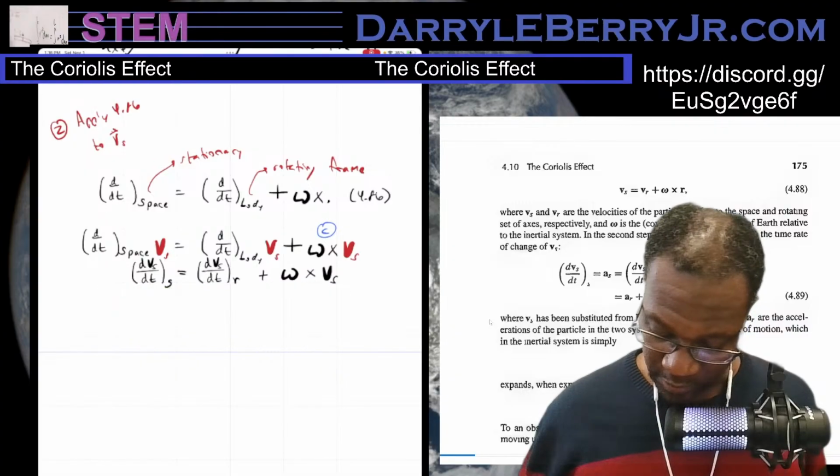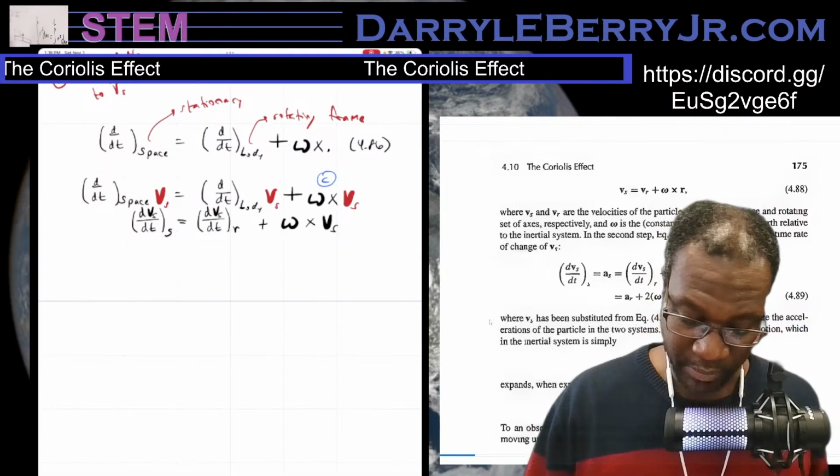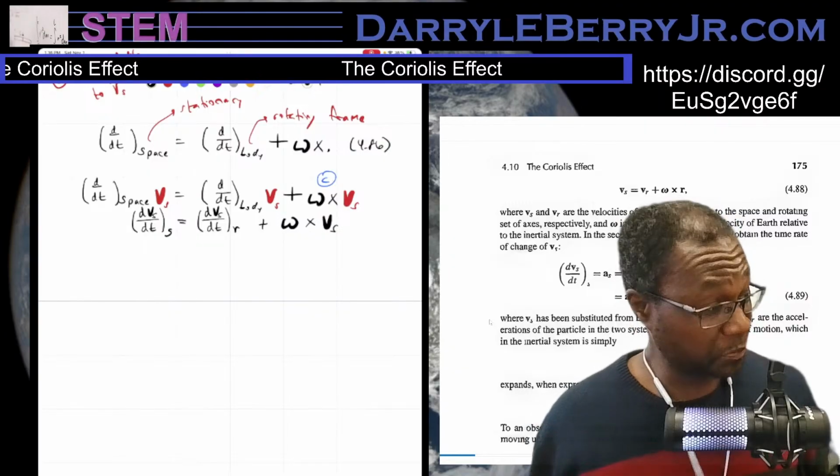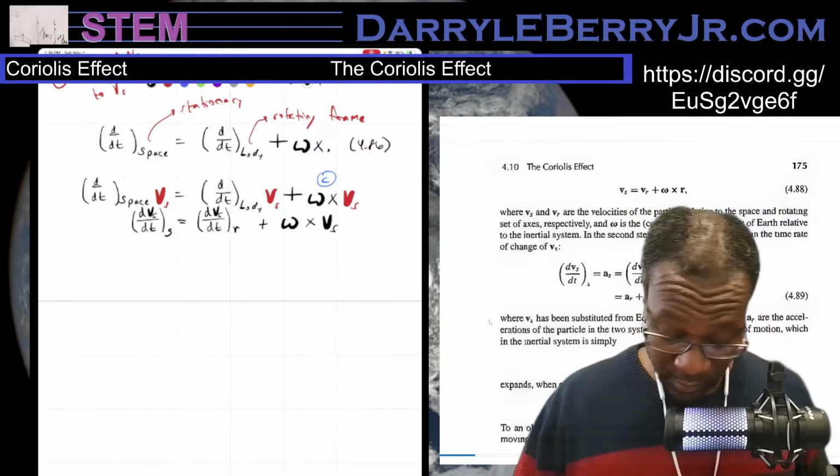So I'll just add another page after this. Maybe I'll come back another day and show you all what I end up with. I don't want to spend too much time on this.